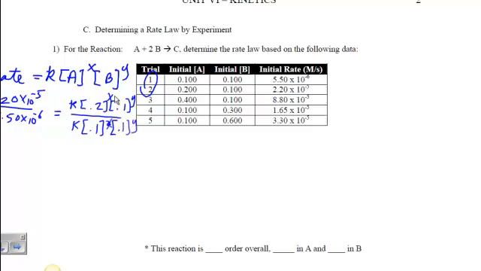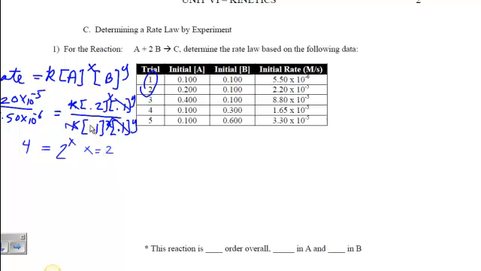As you can see here, the 0.1 to the y cancels, and the constants cancel, so you're left with 4 equals 2 to the x. Since 2 squared equals 4, x must therefore equal 2.